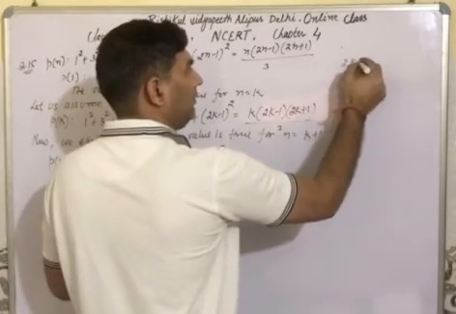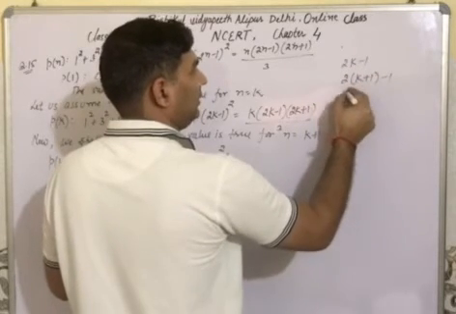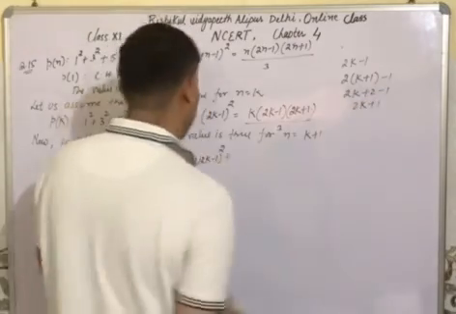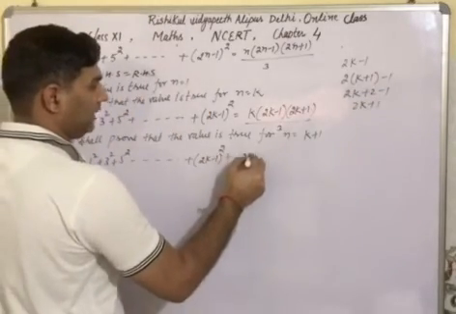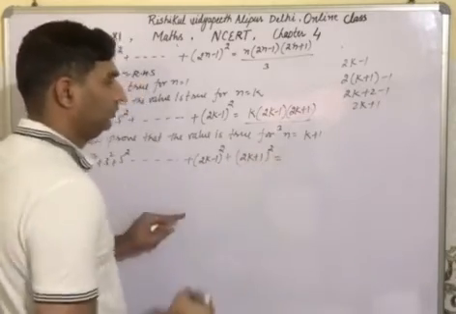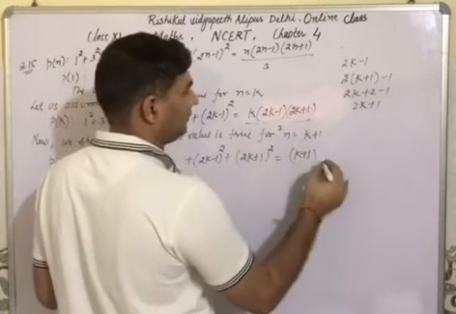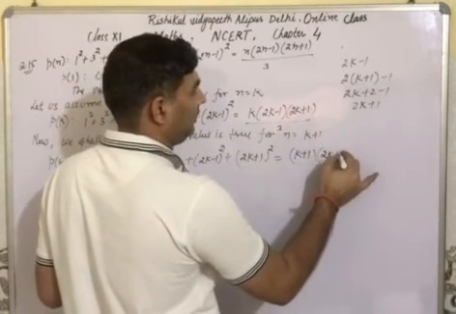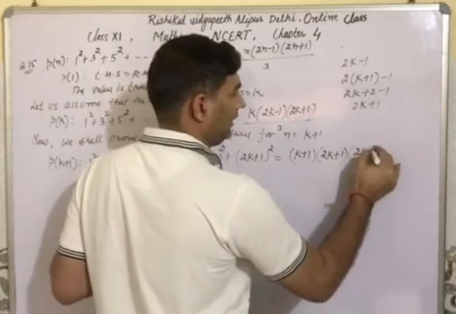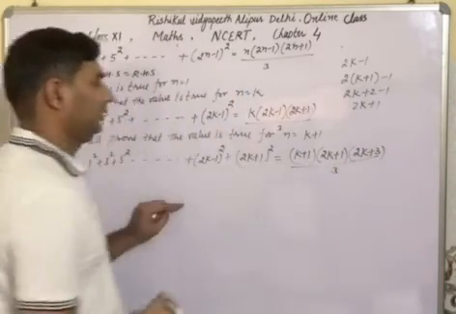Put k plus 1 in place of k: this value is k plus 1, and same thing, this value is 2k plus 1, and this value is 2k plus 3, divided by 3.